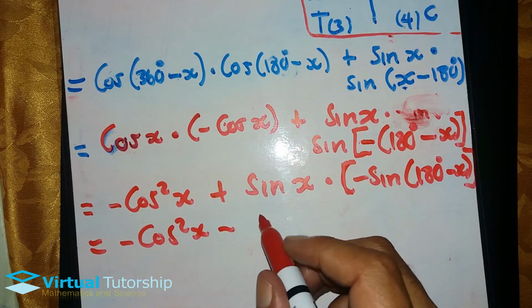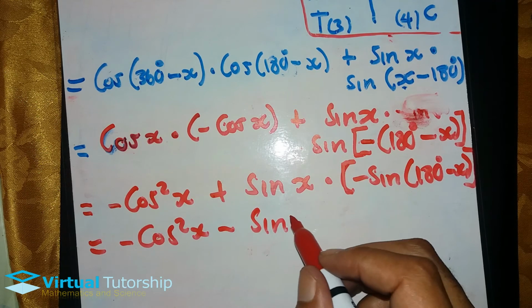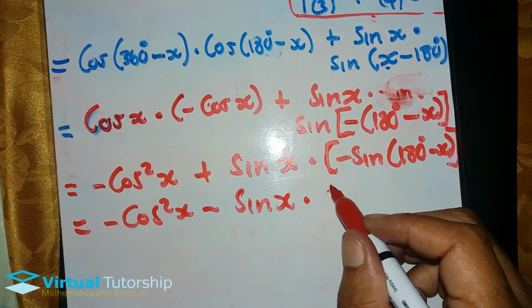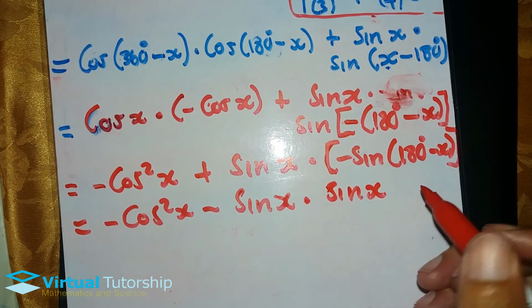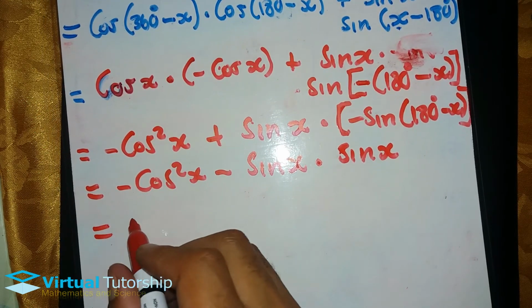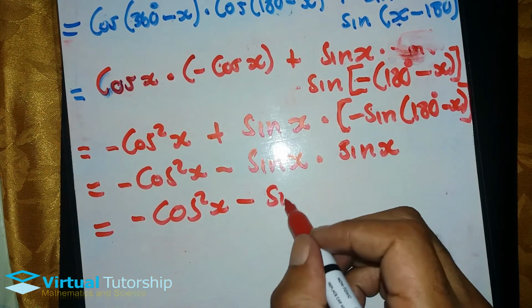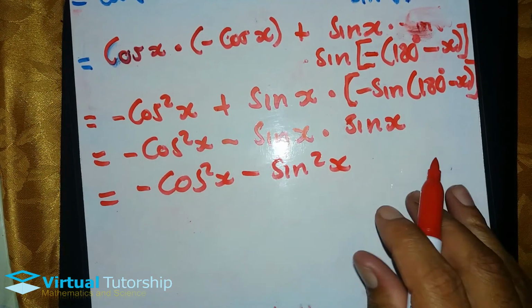and a positive inginikeza a negative sine x, and then la kule reduction formula le izochinja ibe sine x, angisho, equal to, so negative cos squared x and a negative sine squared x.